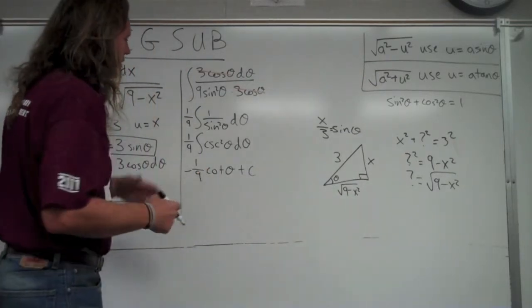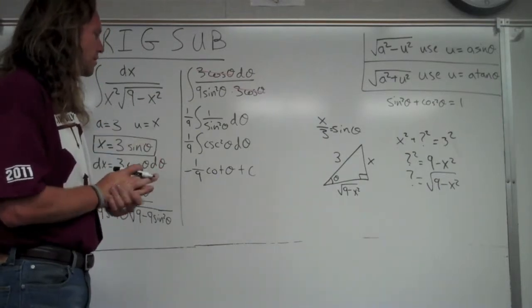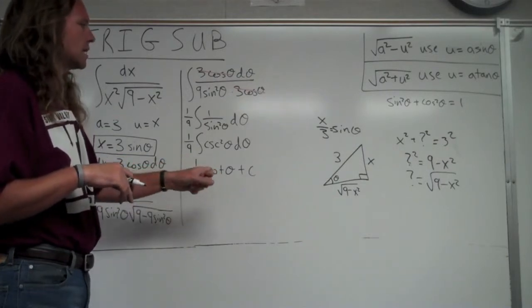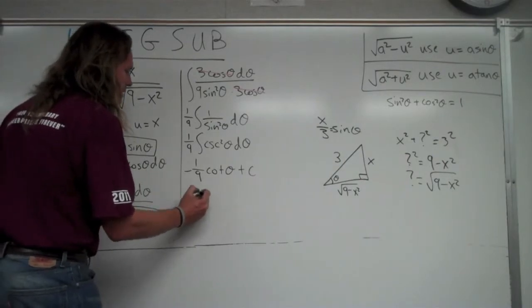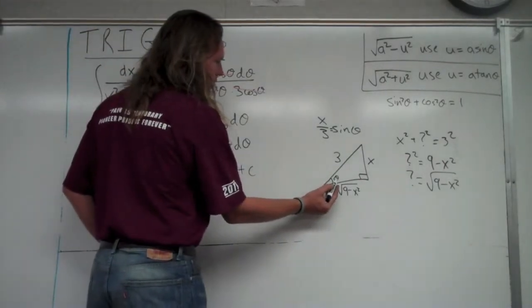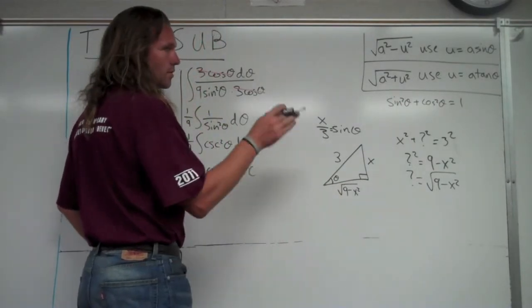So cotangent, okay, I have to think in my mind. I know what tangent is. Tangent is opposite over adjacent, and cotangent is just 1 over tangent, so cotangent is adjacent over opposite. So this will be negative 1/9 times, on this triangle, adjacent over opposite.